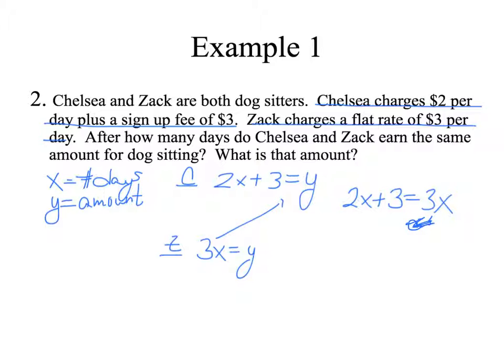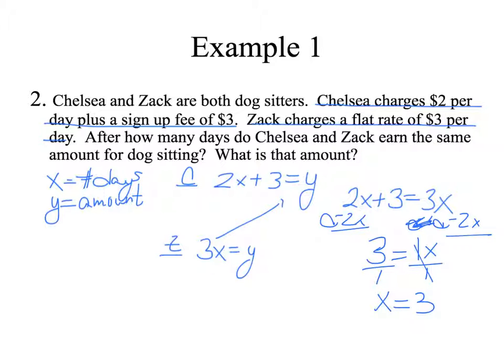I'm going to add negative 2x to each side. So I end up with 3 equaling 1x, divide by 1, divide by 1. X equals 3. X was our number of days, so 3 days.